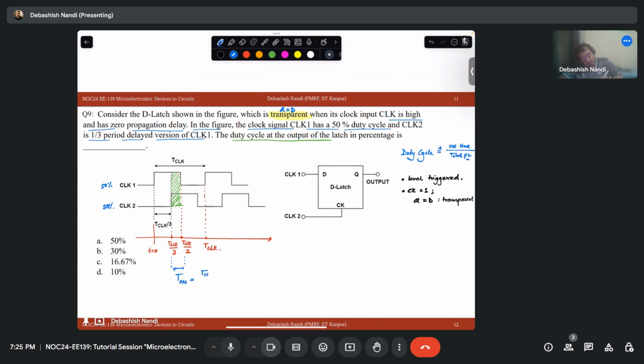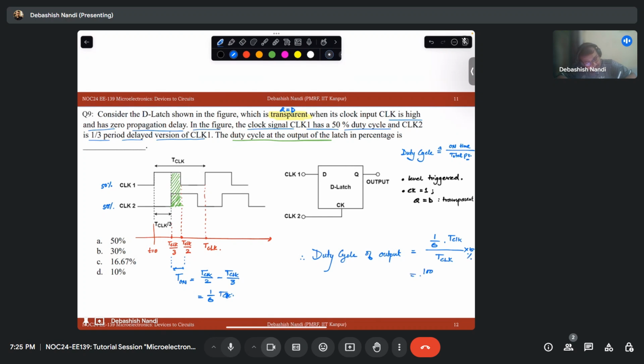So that is TCLK by 2 minus TCLK by 3. That will be 3 minus 2, 1 over 6 times TCLK. So what is the duty cycle of the output? On time is 1 over 6 times TCLK, by period TCLK, times 100%.